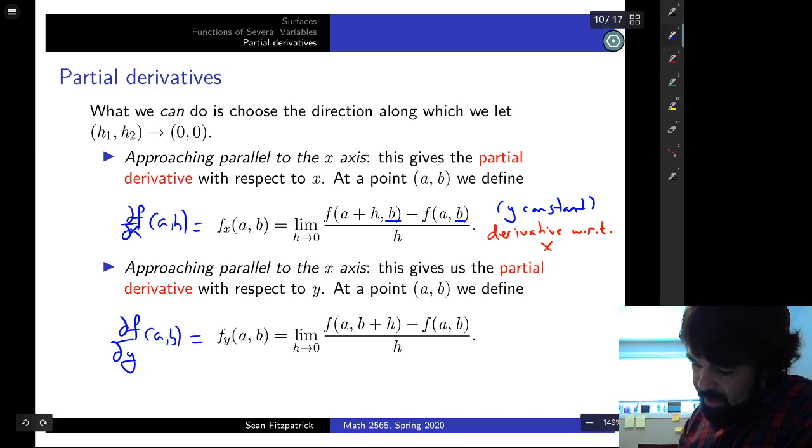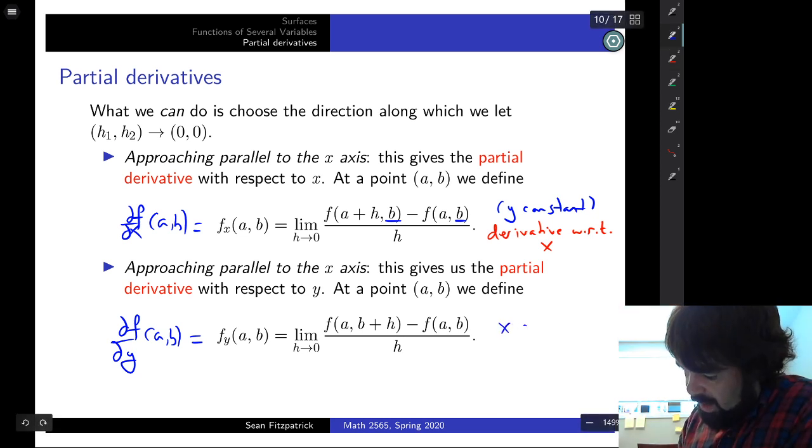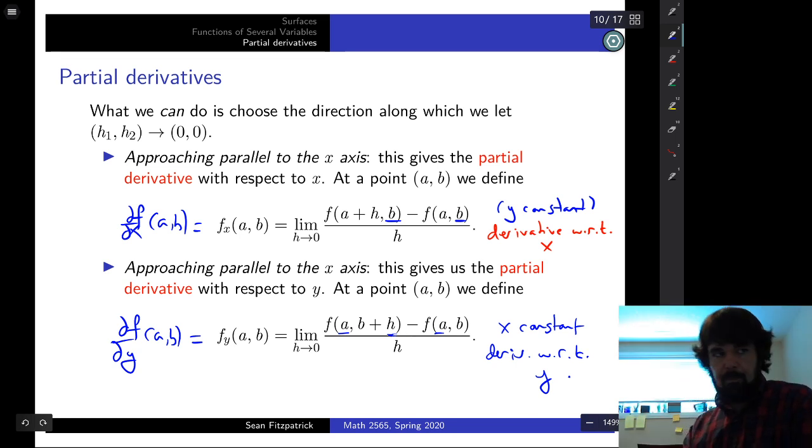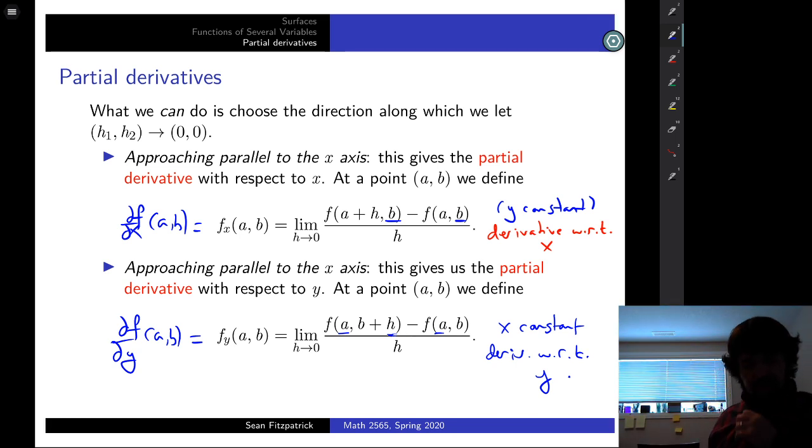And when you're doing the partial with respect to y, x is constant, right? x has the same value here and here, but y is varying, right? We add the h in on the y. And so we hold x constant, and we take the derivative with respect to y. And it turns out, practically speaking, that's pretty much all you do for partial derivatives.